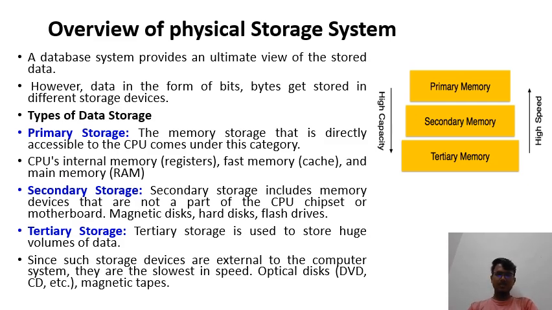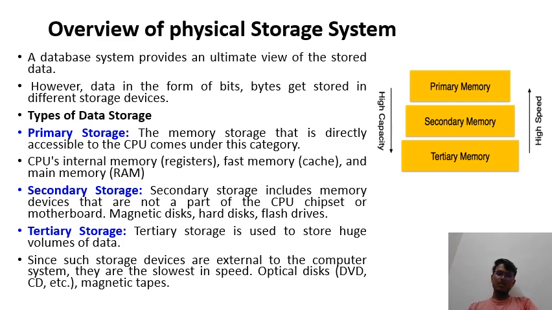Overview of a physical storage system. A database system provides an ultimate view of stored data. However, the data is in the form of bits and bytes. It's stored in different storage devices. The types of data storage are primary storage, secondary storage, and tertiary storage. The memory storage that is directly accessed by the CPU comes under primary.